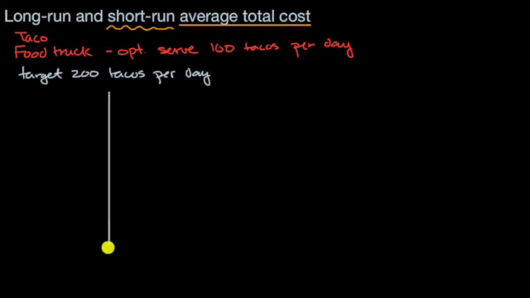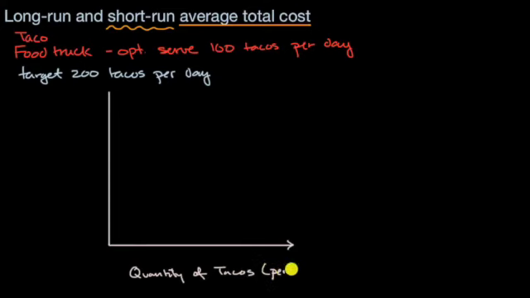So let me make some axes here. This is going to be quantity of tacos per day. And in the vertical axis, this is going to be cost per taco.